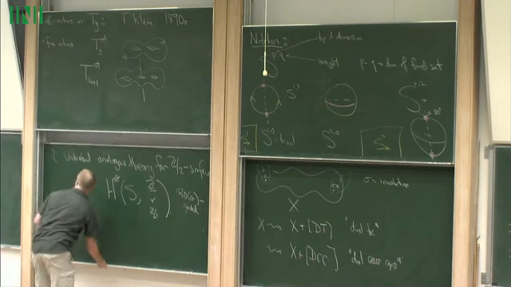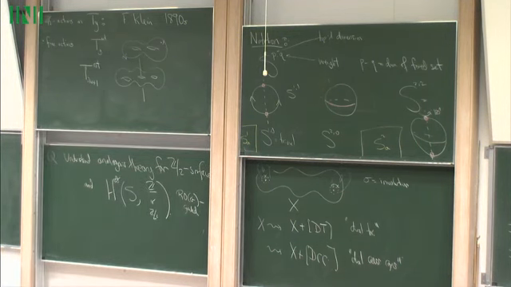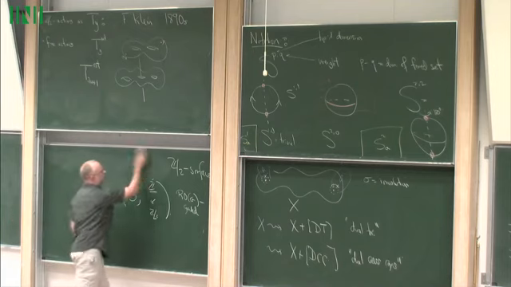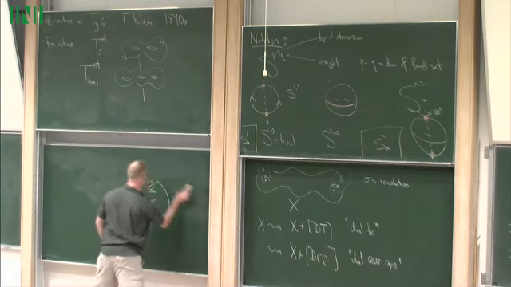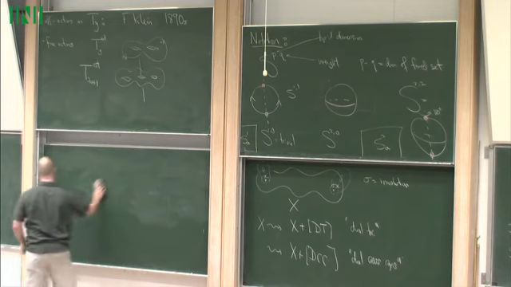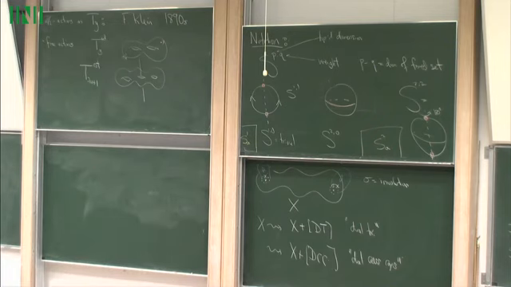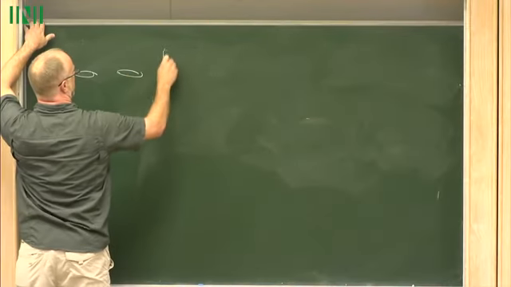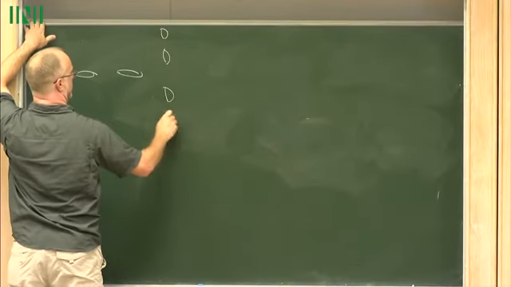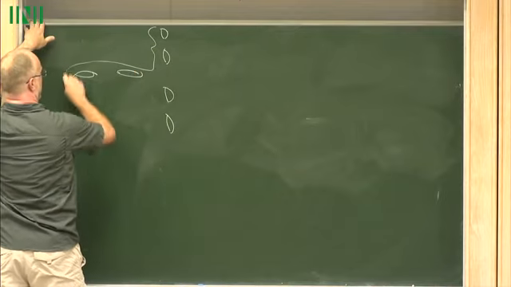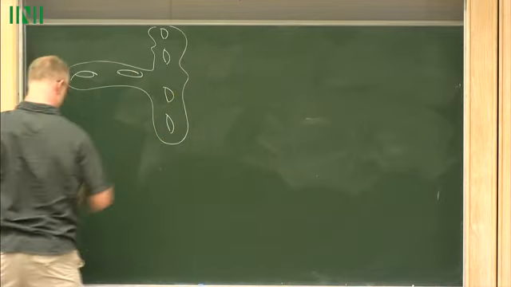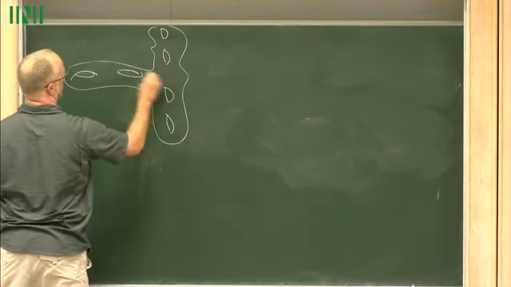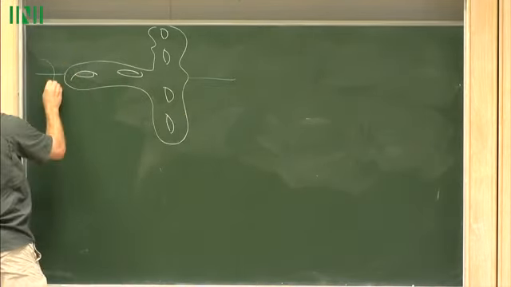What about the non-free actions? So you have things that look like this, and you put a spit through the center and rotate.